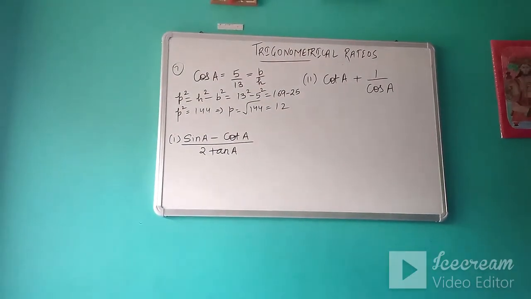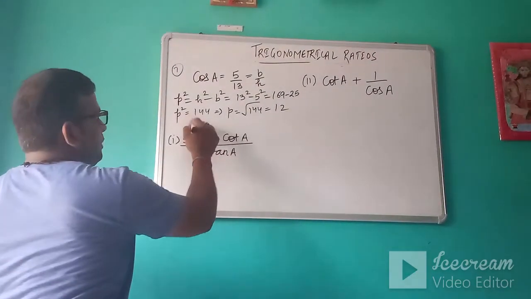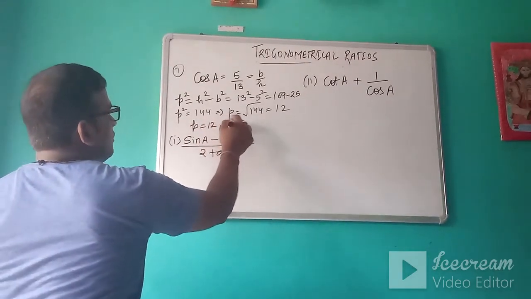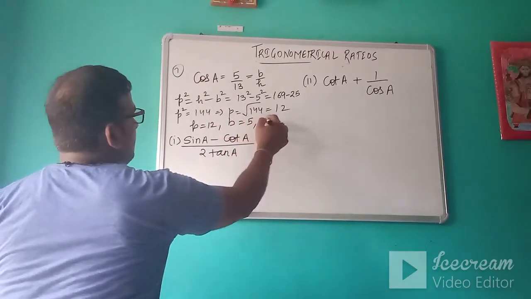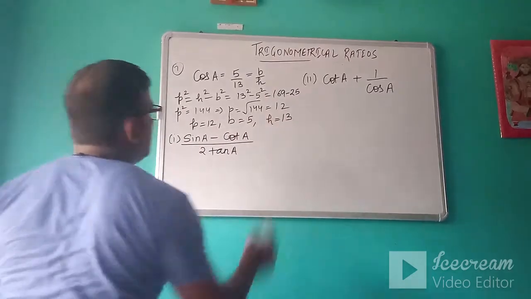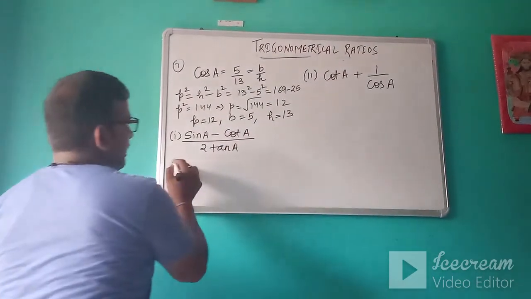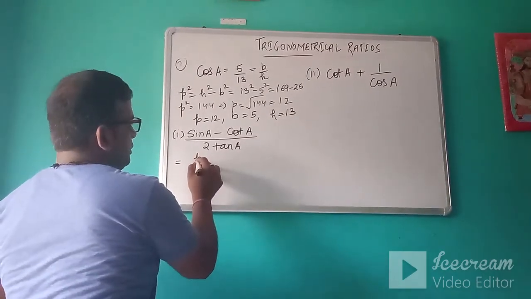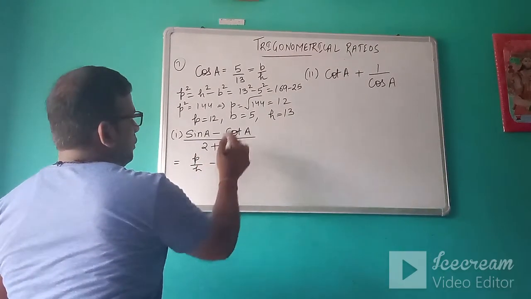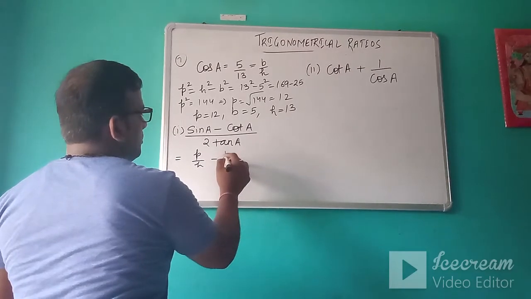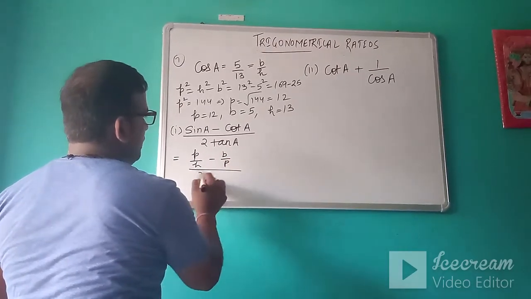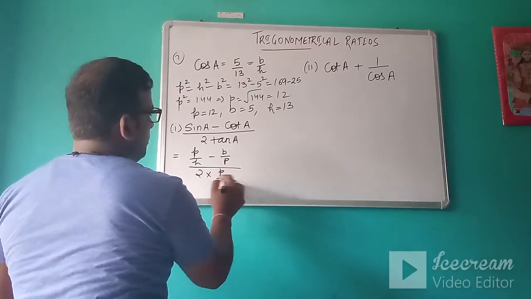Okay, so this is your p. So we have the value of p now 12, we have the value of b 5, and we have the value of h as 13. So we will put the value in this expression. So what is sine? We know p upon h. What is cot? b upon p. What is tan? p upon b.